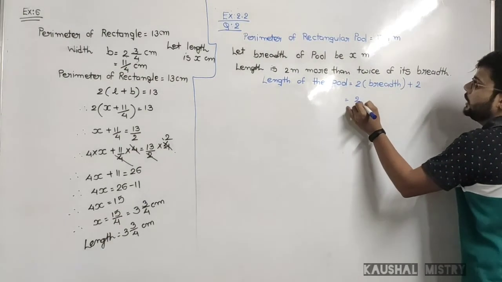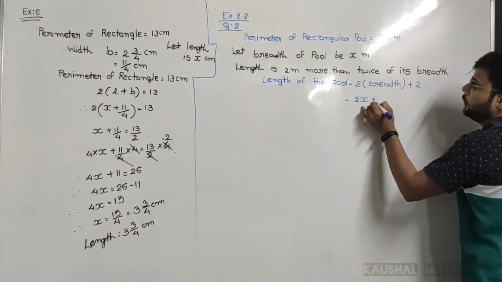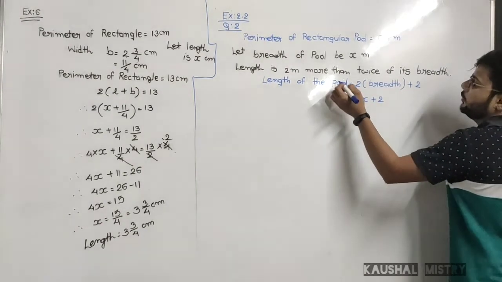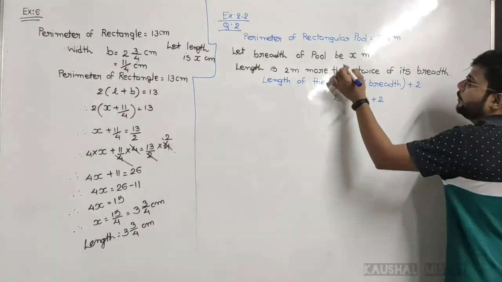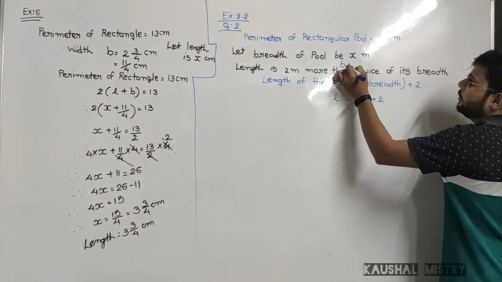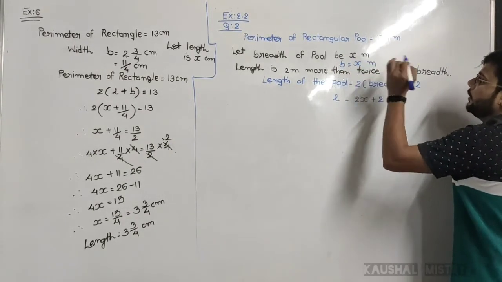So 2 multiplied by x plus 2. So length is equal to this much and breadth is equal to x meter, right?